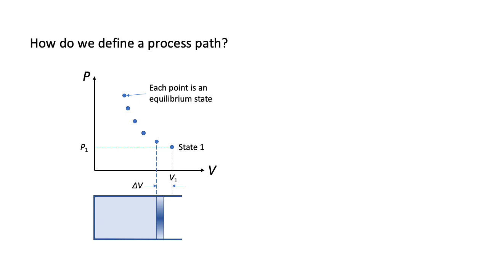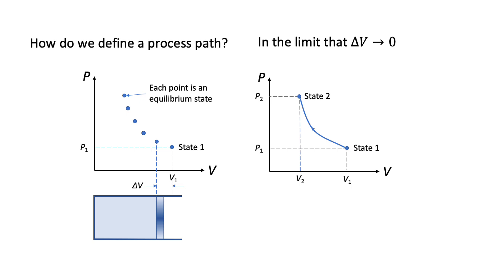Now, if we reduce delta V, we'll get a larger number of points, and we'll be able to better define the path. And in the limit that delta V goes to 0, we can draw a continuous line between the initial state 1 and the final state 2. This path is what is known as a quasi-equilibrium process.